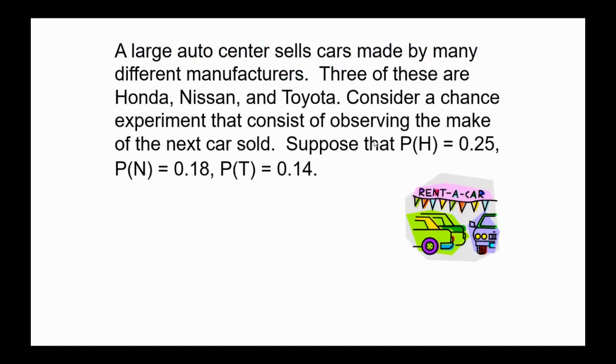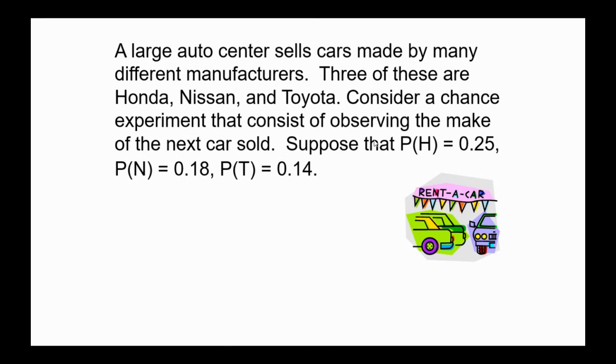Okay, let's look at this car sales example. A large auto center sells cars made by many different manufacturers. 3 of these are a Honda, a Nissan, and a Toyota.